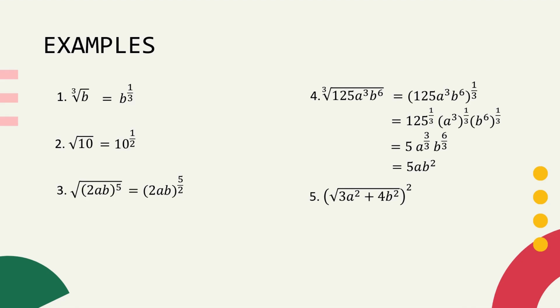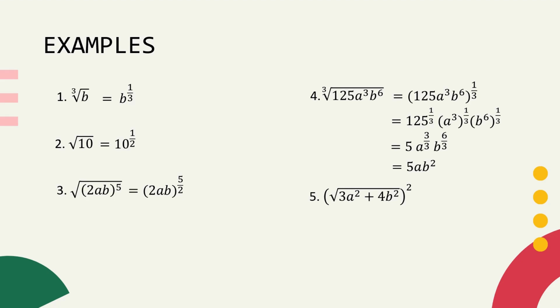Our index is equal to 2. This means that 2 is our denominator in the rational exponent. How about the power or exponent of our radicand? The power or exponent of our radicand 3a squared plus 4b squared is equal to 1. Therefore, 1 is the numerator of our rational exponent.